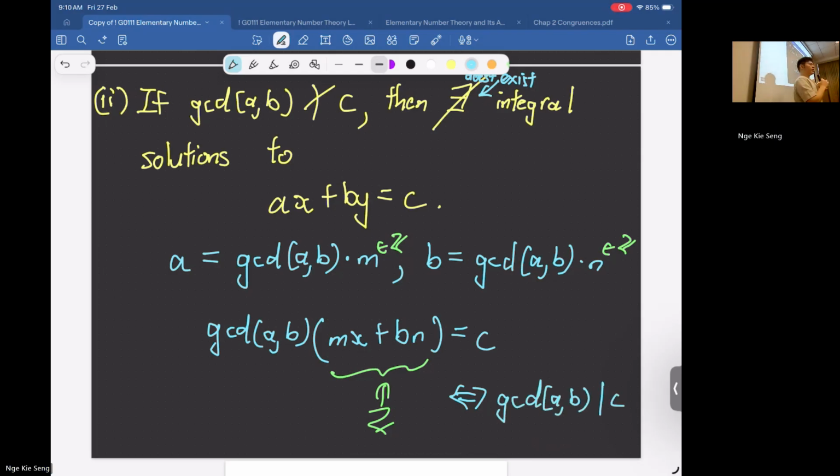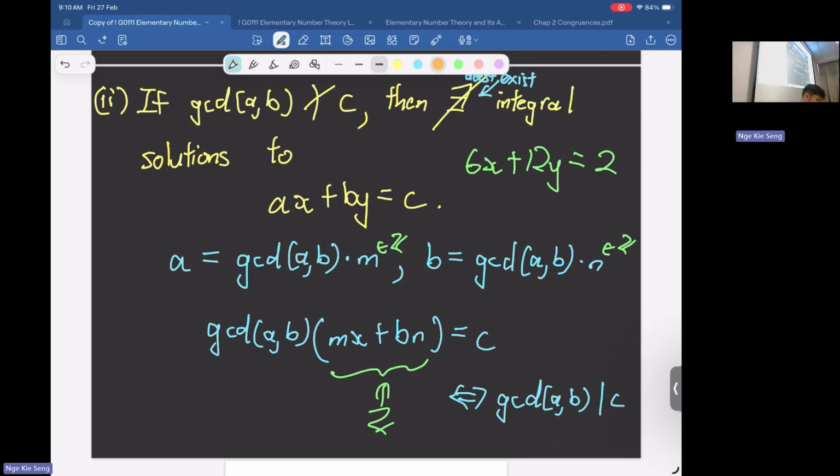Maybe you can ask another question, right? Why can't I just replace GCD of A and B with some other divisor of A and B? Do you get what I mean? Let me give you an example. Let's say 6x plus 12y equals, let's say, 2.